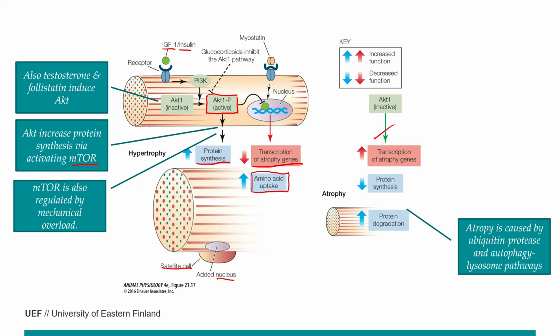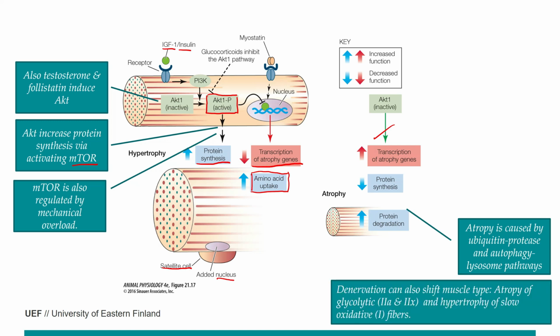And there are a few other steps also. So this atrophy is quite complex. One of the things showing how complex it is, is that it also affects different kinds of skeletal muscle fibers differently.